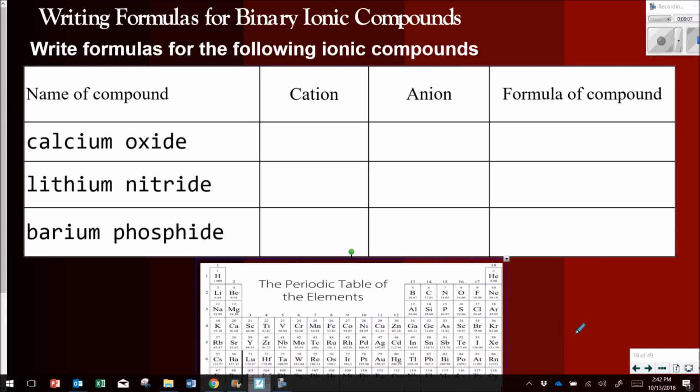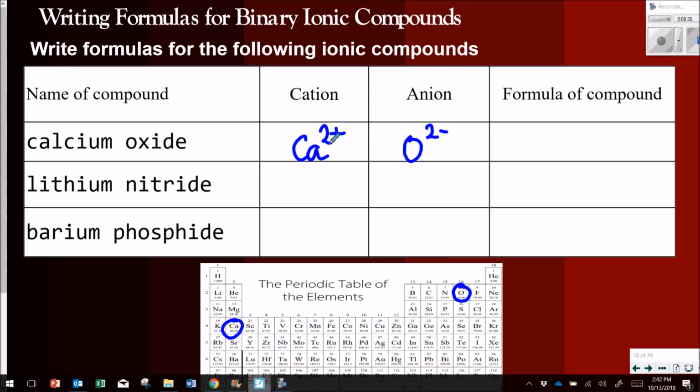Calcium oxide. Calcium is Ca for the cation, and it has a charge of +2. Oxide comes from the oxygen, so I have O with a charge of -2. Step 2 is to balance out the charges to get a neutral compound with an overall charge of 0.